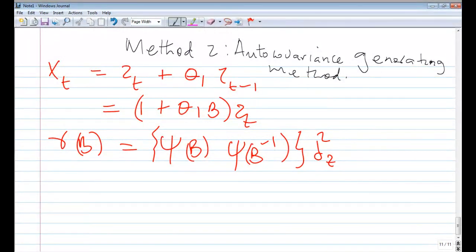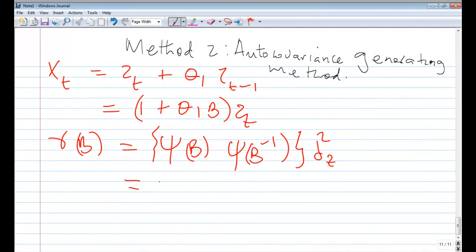I said the first thing to do is to write the process in backshift operator, which we did. Then from there, you introduce that gamma B, which is the autocovariance generating method. So then from there, you do it like this. Step number 2, psi B is equal to everything within the brackets.